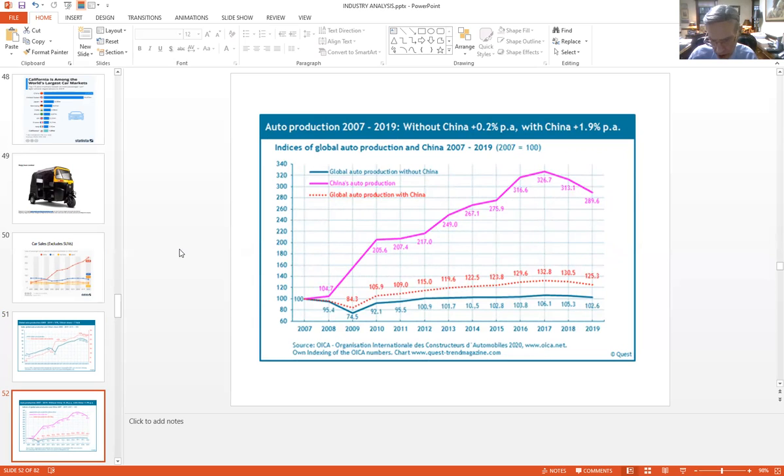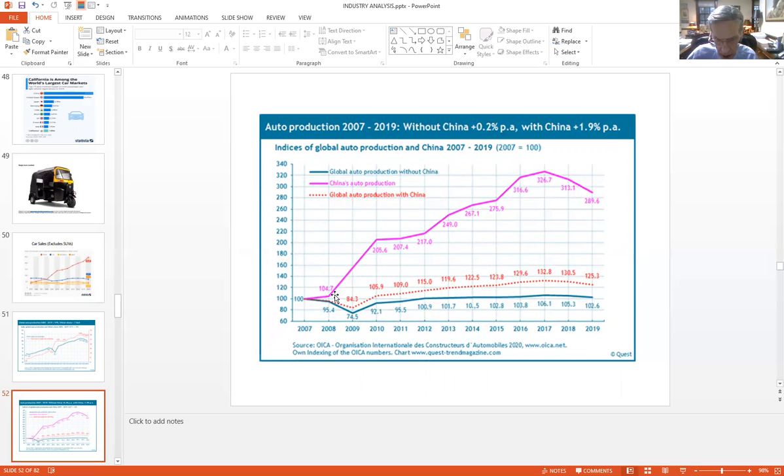Here's a chart that the Chinese love to show. Again, it's a standardized scale. You can see it begins at 100, but here the blue line is global auto production, and you see it doesn't grow very much. But that's without China. With China, you have the dotted red line, and you can see there's been some growth.